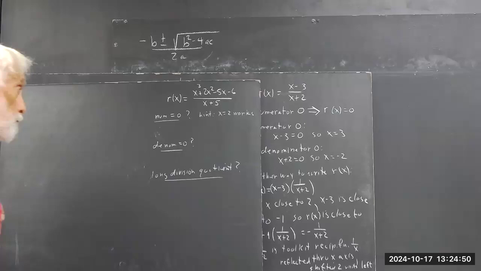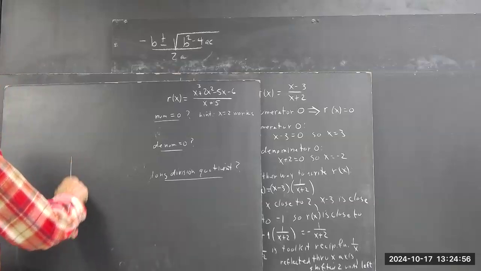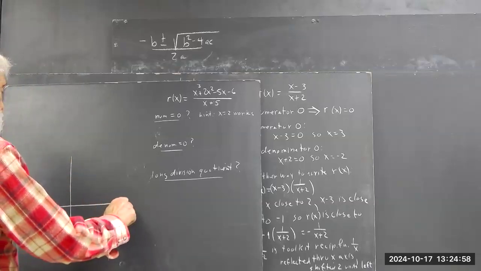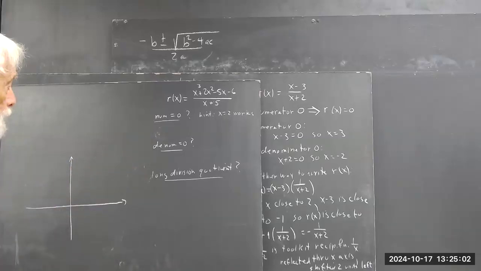What quotient do you get if you do a long division? And what does all this have to do with the graph? As you get information, start putting it in the graph.